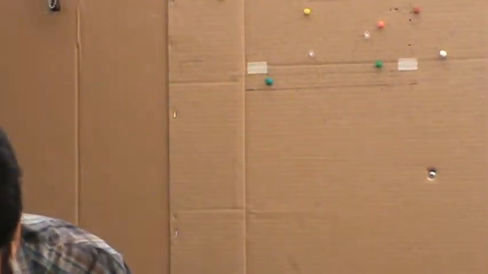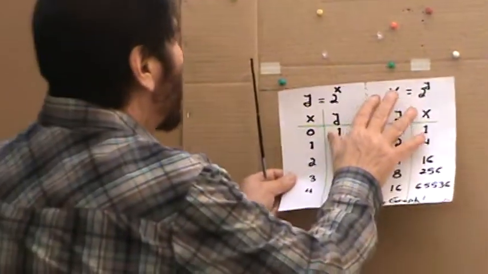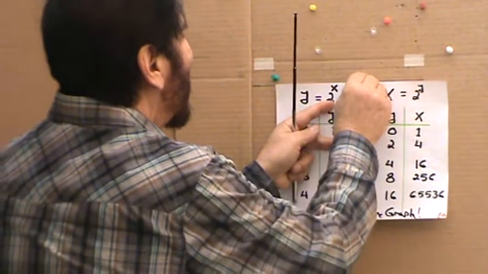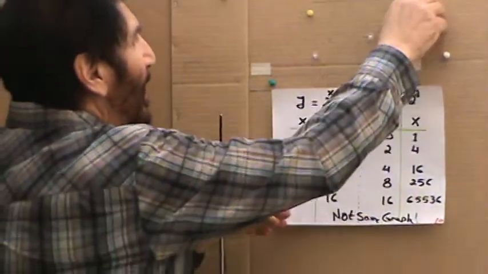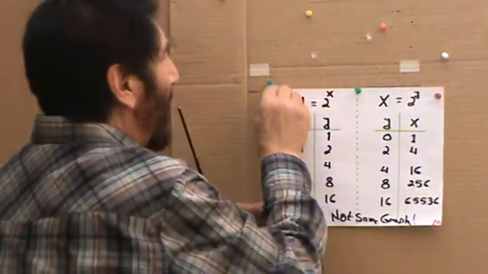Now here comes the log and exponent impact. Here I have the chart again. You are welcome to write it if you wish. Let me also write it this way.